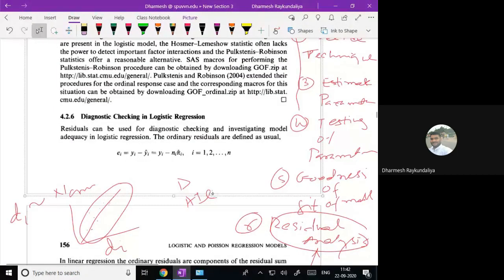So residual is nothing but the observed minus estimated or predicted. In our case, because we are predicting pi cap, we are trying to predict the expected response. The expected response in a binomial trial is n pi, so we call it ni pi i cap. So yi minus ni pi i cap is my residual.